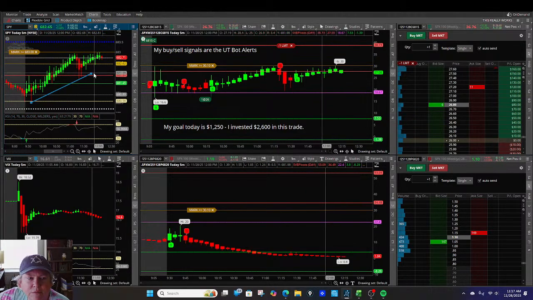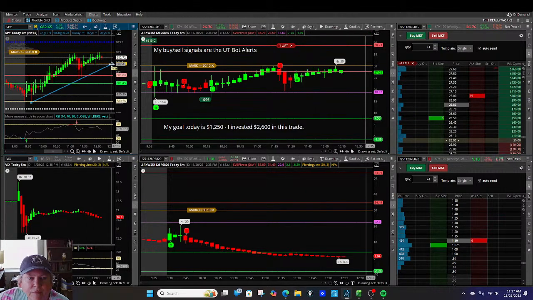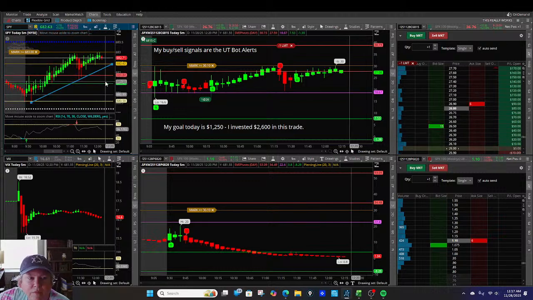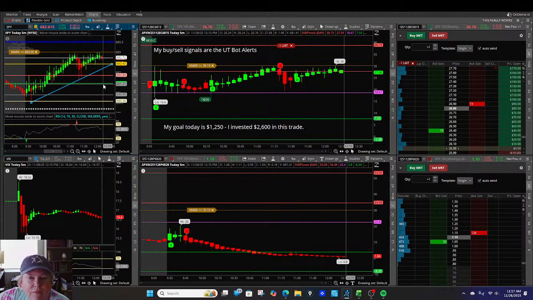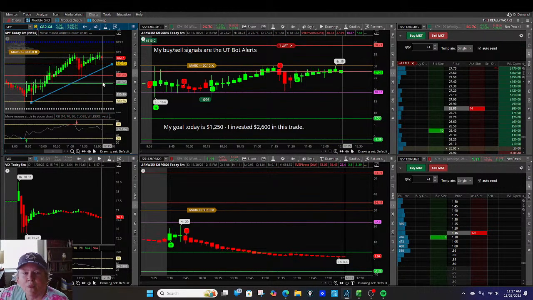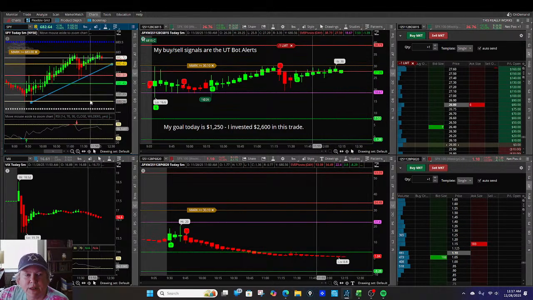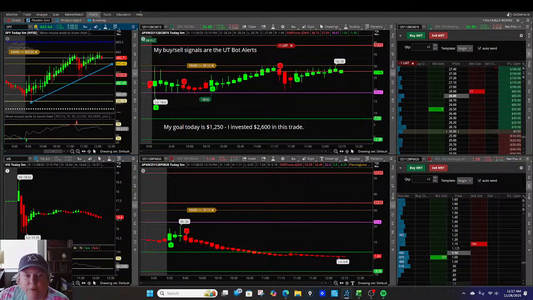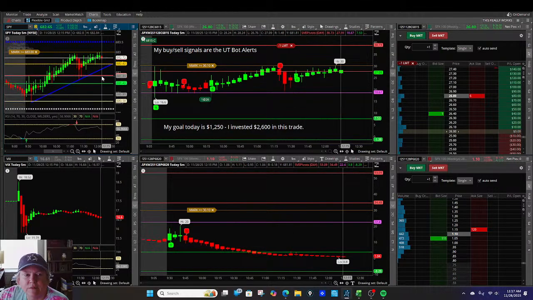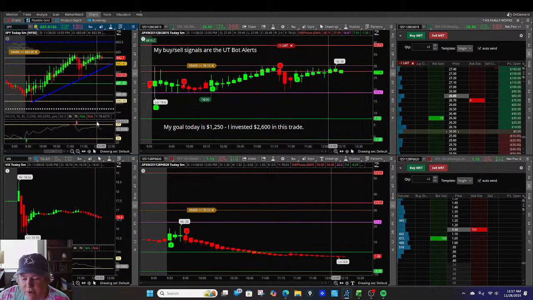There. Up. Okay, and these candles are still high up off the trend line, so I feel pretty confident about the uptrend that we're in right now.